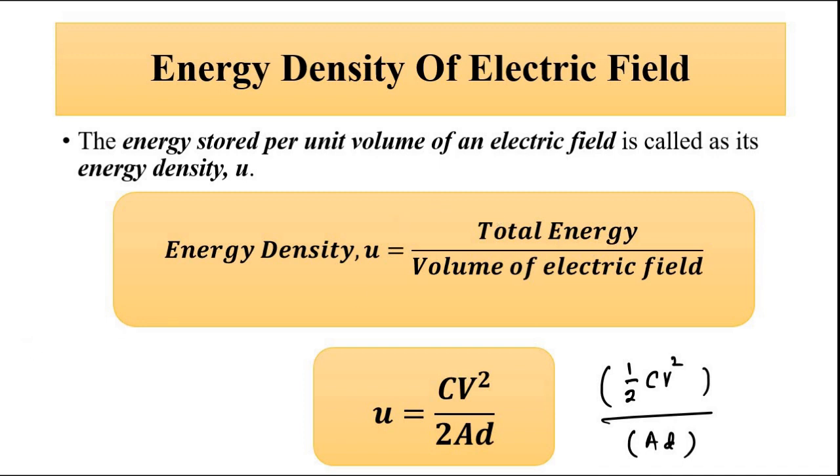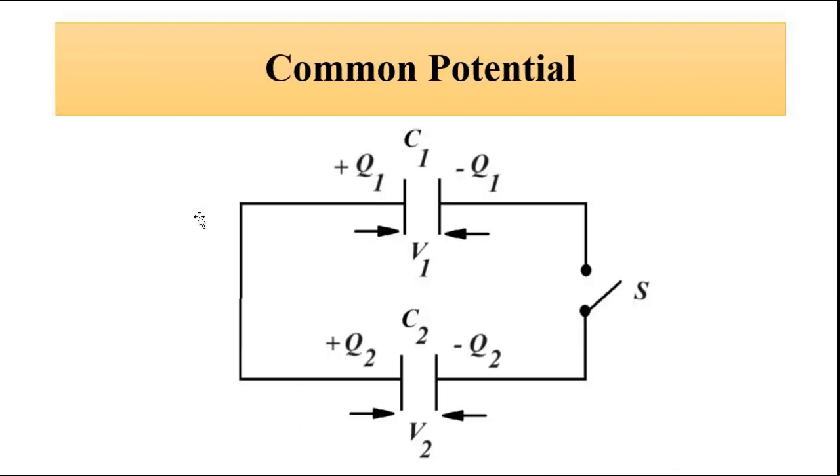Next is the concept of common potential. Let us say we have two different capacitors of different values of capacitance. They carry different charges. Here it is C1, C2 carrying charges Q1, Q2. They are connected to each other with the help of a switch. In this position, the switch is open.